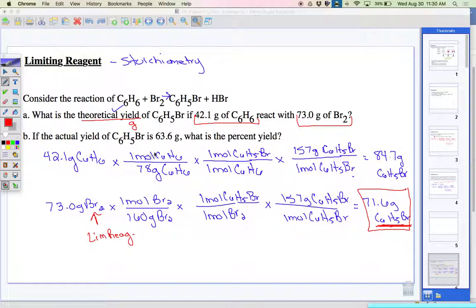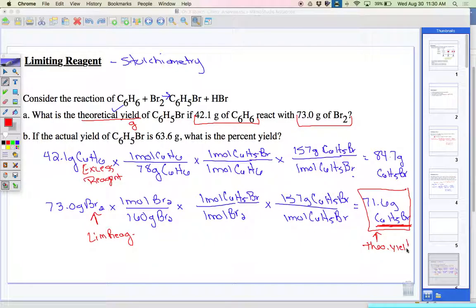If you do two stoichiometry problems, the one that makes the least amount of product is the limiting reagent that will run out first. The other one is labeled the excess reagent. But we're not finding that, I mean, we found it, but not yet, to get the yield thingy.